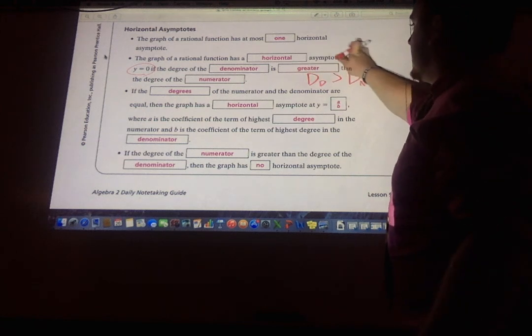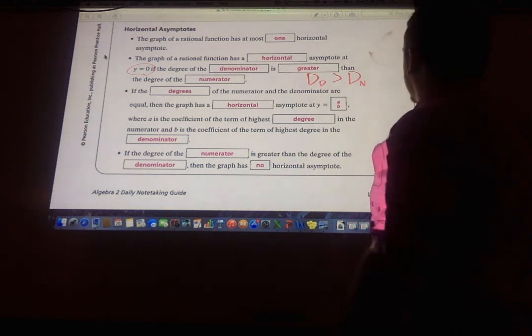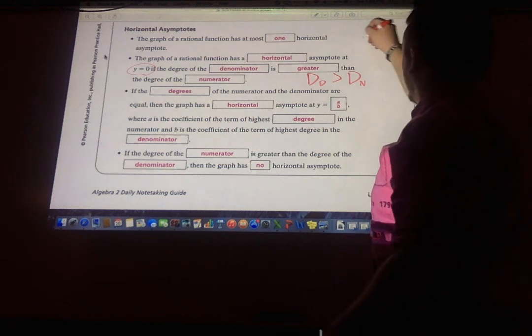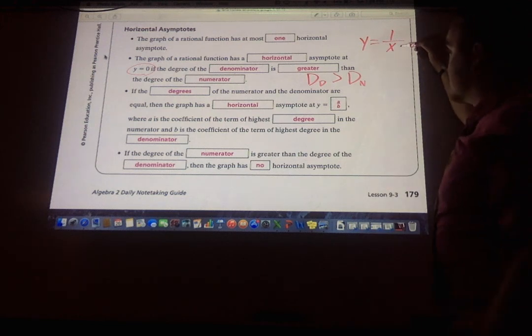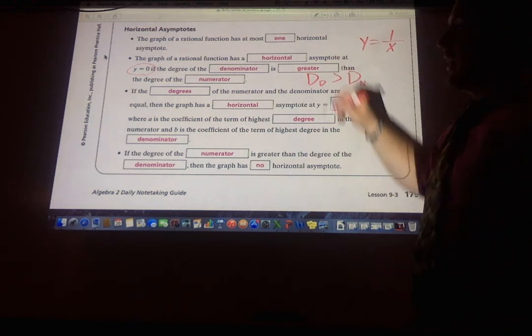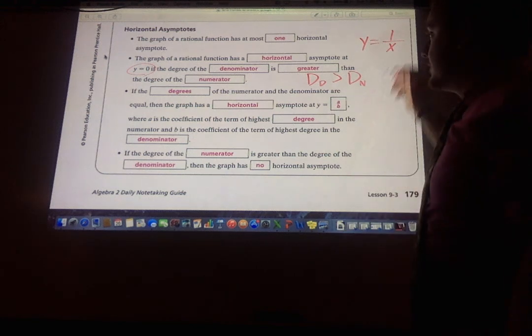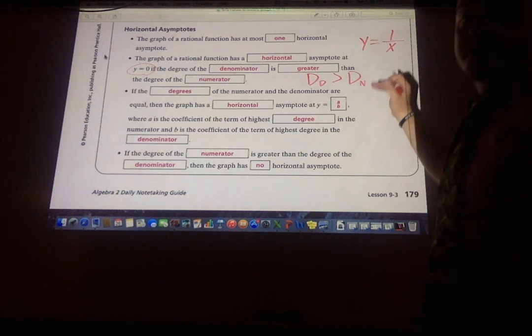And again, that's because if we remember our graph for y equals 1 over x, the degree is bigger on the denominator than it is in the numerator. There, we always had our asymptote at y equals 0. So it's very similar here, carrying over for any time that the degree in the denominator is bigger than the degree in the numerator.